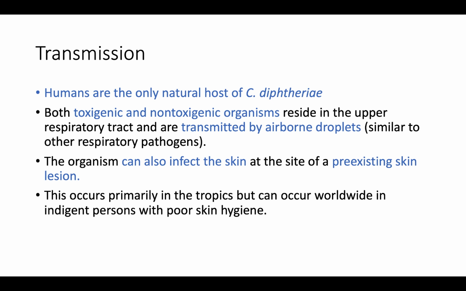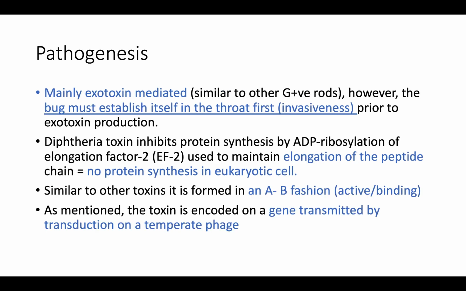The organism can also infect the skin, especially at the site of a pre-existing skin lesion. This happens more in the tropics, where indigent people might have more skin lesions and less hygiene.